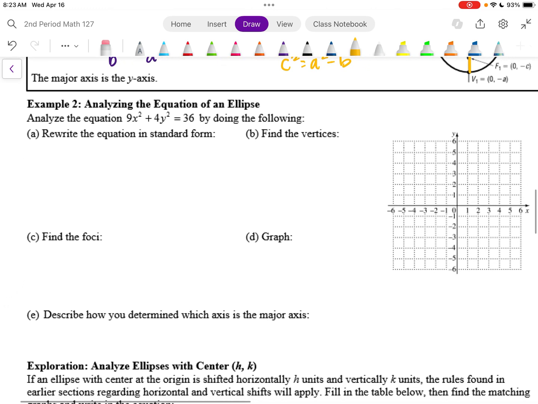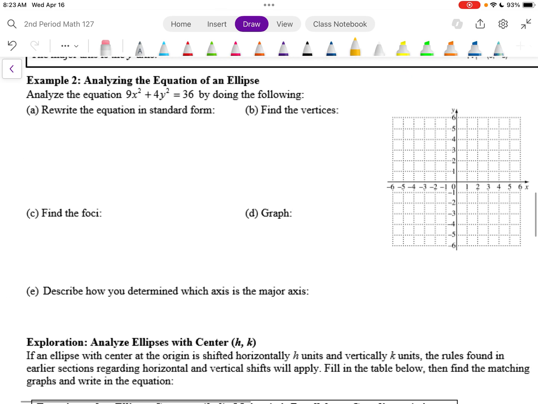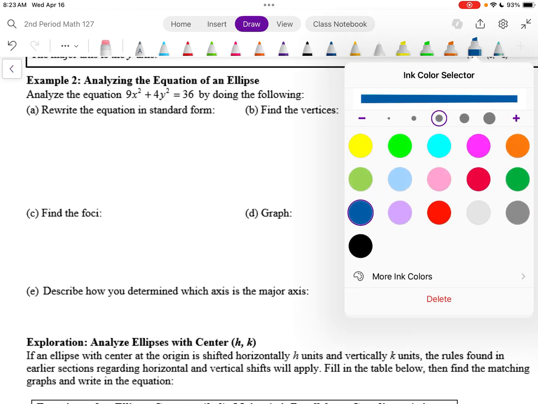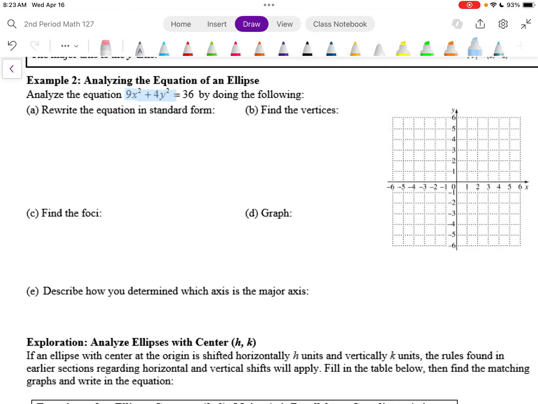So for this example, we're analyzing the equation of the ellipse. Notice they do not give it to us in the right form. They give it to us where it equals 36. And we always need this to equal 1. So what we need to do is take this equation and divide everything by 36 because, again, you need this number to equal 1.